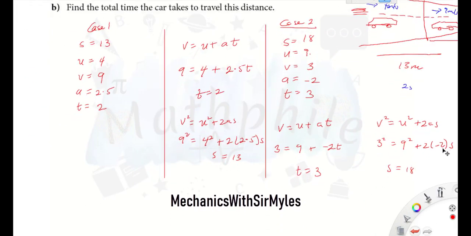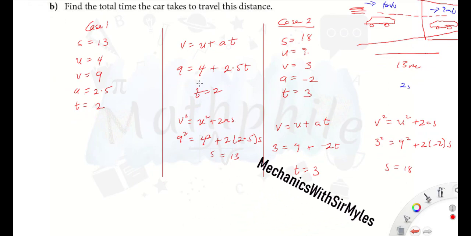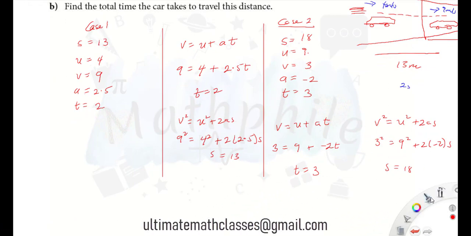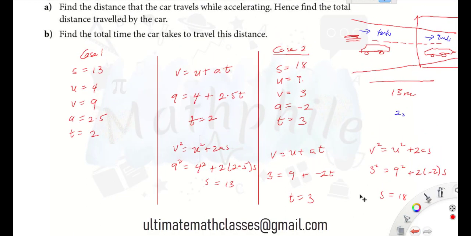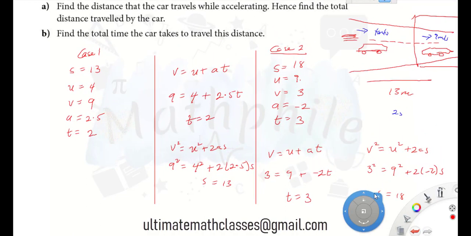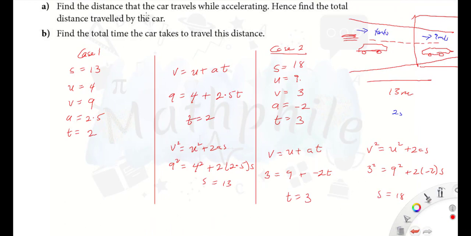let's answer the question now. The question was asking for the distance. Find the distance that the car travels while accelerating, hence find the total distance traveled by the car. So the distance traveled while accelerating was 13. The total distance traveled by the car is going to be 13 plus 8.